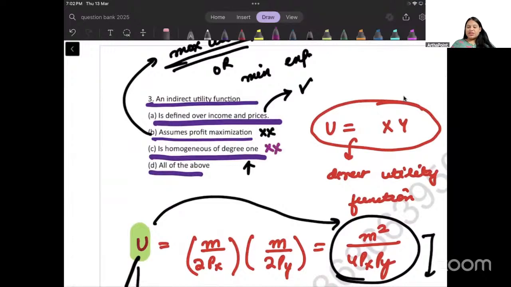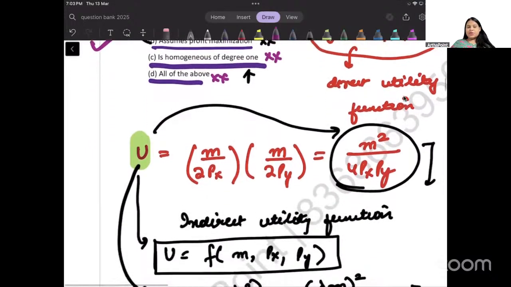So the correct answer to this question is D. It is not homogeneous of degree 1. Sorry, A. It is not homogeneous of degree 1. It is homogeneous of degree 0. So ये भी गलत है, all of the above. So correct answer will be A. So all students who have answered it, A is correct. ठीक है बेटा, come to the next question.